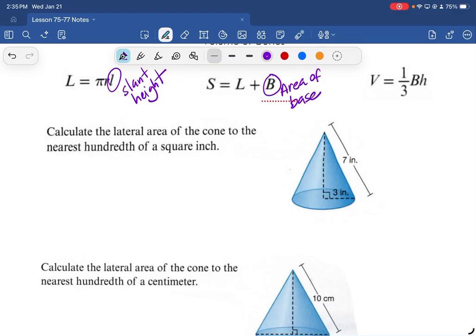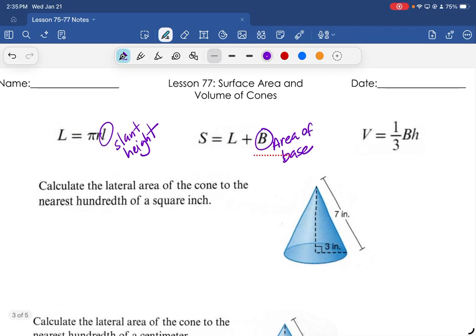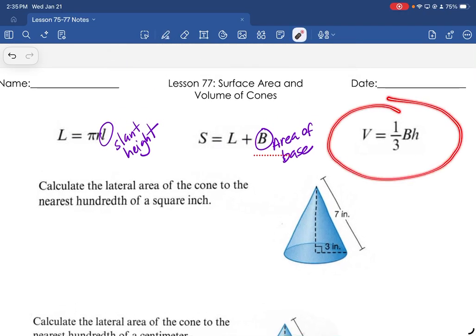It stands for area of the base. So write that down. And then for volume, it's a third of the area of the base, big B, times the height. So you find the area of the base times the height divided by 3, and that's your volume, labeled in cubic units.